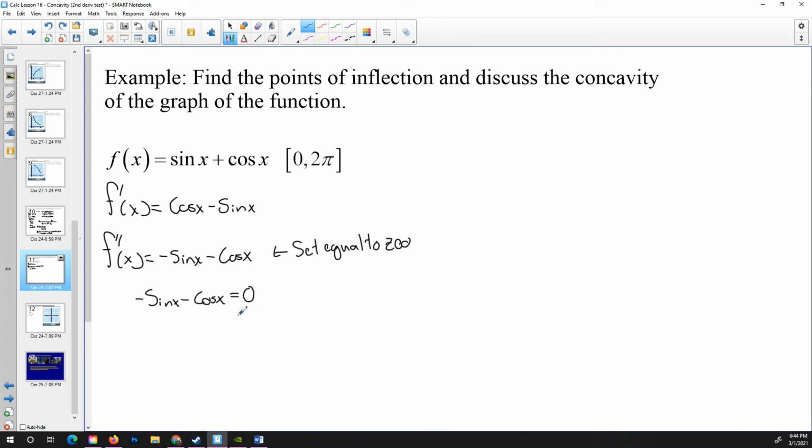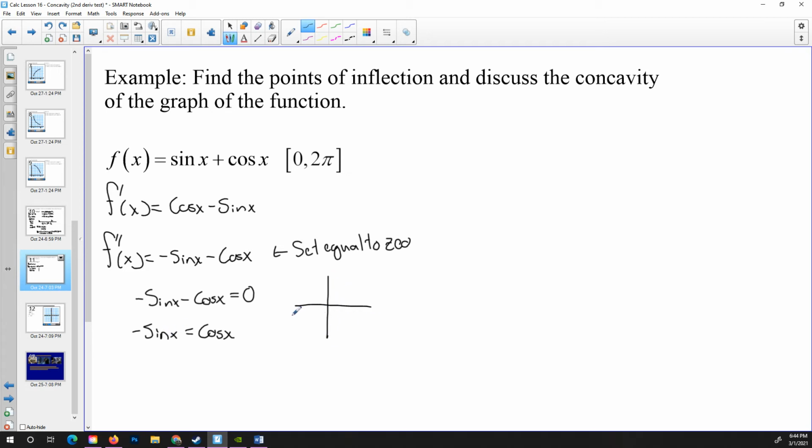So our possible points of inflection are wherever this expression is equal to 0 or undefined. Now it's never going to be undefined, but if I move the cosine over, I get negative sine x equals cosine x. Where's this expression going to be true? It's going to be true when the cosine value and the sine value have the same magnitude but different signs.